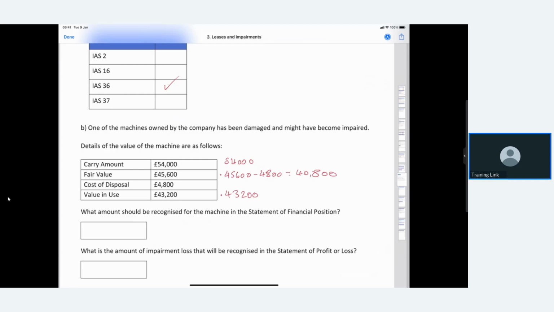And the value in use is simply 43,200. So we know it's going to be impaired, and we can value it at the higher of these two figures. It asks what amount should be recognised for the machine in the statement of financial position. Well, the higher out of those two is 43,200. So it would be valued at the value in use.